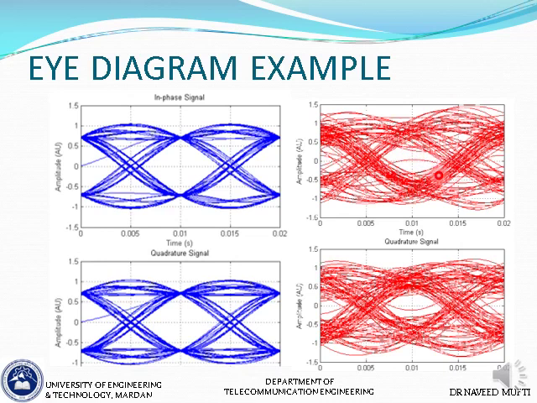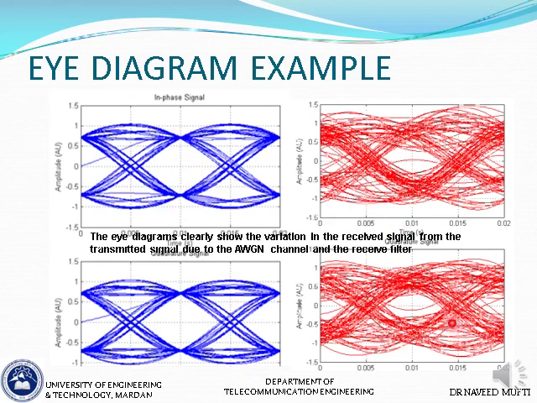It very quickly makes you realize how much noise there is, and this range here can give you an idea of the amount of noise in the system. So you can see that there is a lot of noise here, whereas here there is hardly any noise. The eye diagram clearly shows the variation in the received signal from the transmitted signal due to the AWGN and the receive filter.